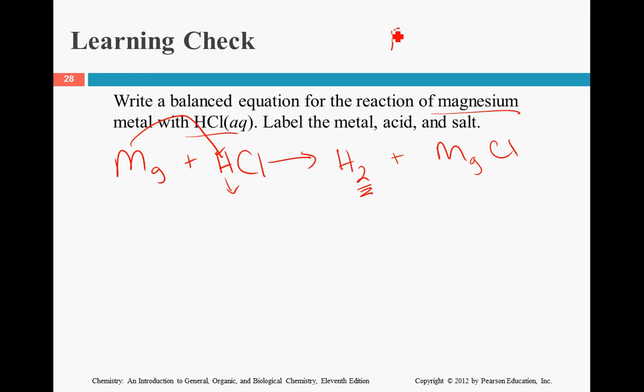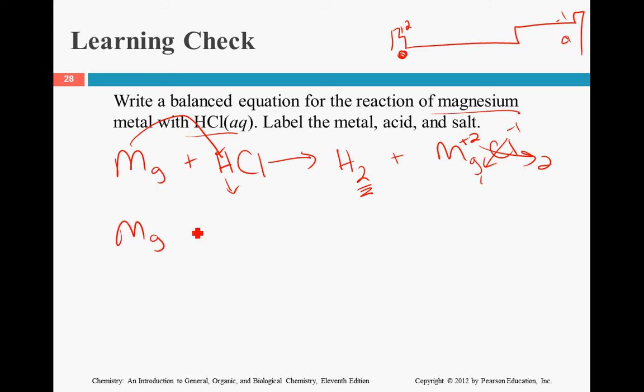If we look on the periodic table, magnesium is here. It's in a row that has a +2 charge. Chlorine is here. It's in a row with a -1 charge. So we crisscross it to have MgCl2.